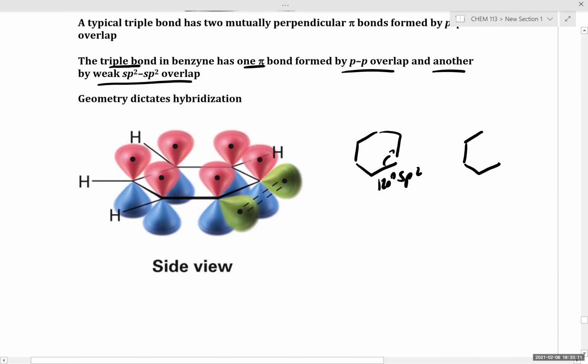If you have a formal triple bond which has a 180-degree bond angle, you're sort of out of luck, and you're not going to really be able to accommodate those bond angles in a 6-membered ring. This sort of unique hybridization and structure of benzyne leads to its very unique patterns of reactivity. Does this make sense?